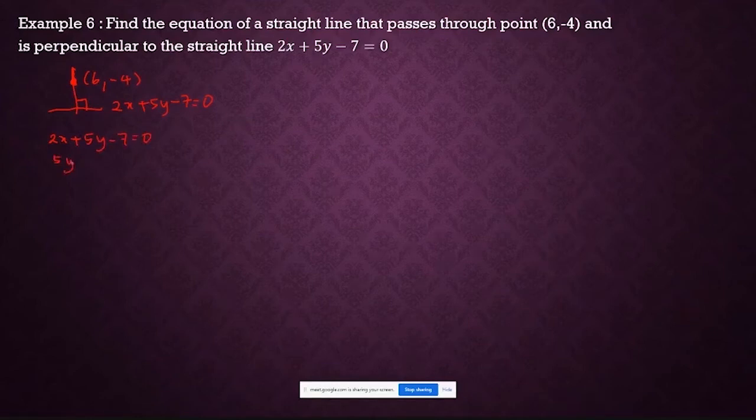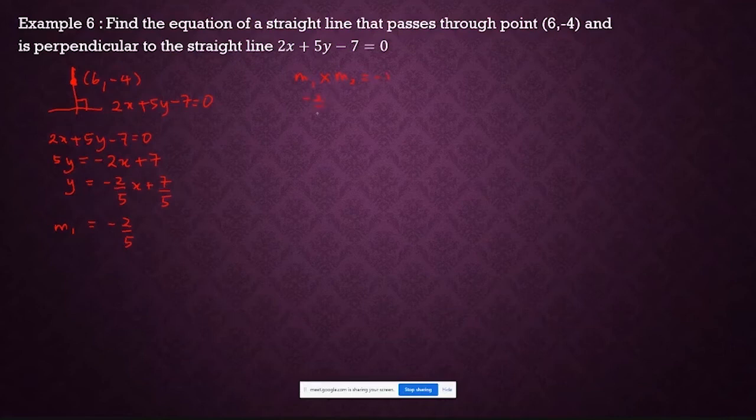Okay, so we change it to the general form of a straight line, y = mx + c. So we divide by 5: y = -2/5 x + 7/5. So the gradient is equal to negative 2 over 5. The relation between the two lines is m1 times m2 equals negative 1.